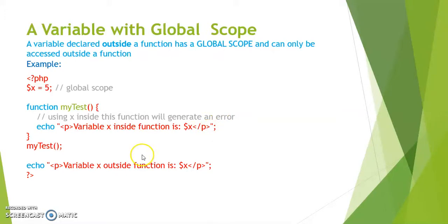But using it outside of the function, it will output our result, which is 5. It's as simple as that. This is how you can define a function in PHP. Very simple.